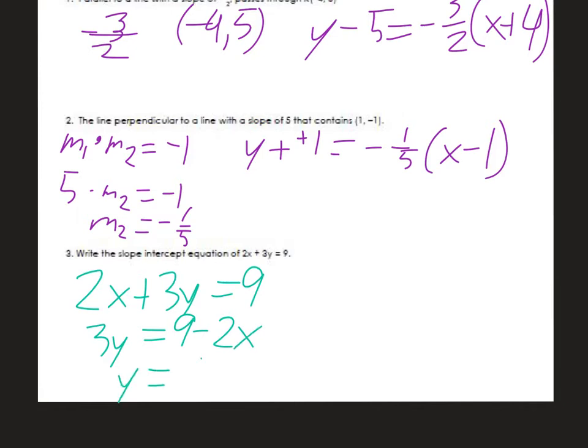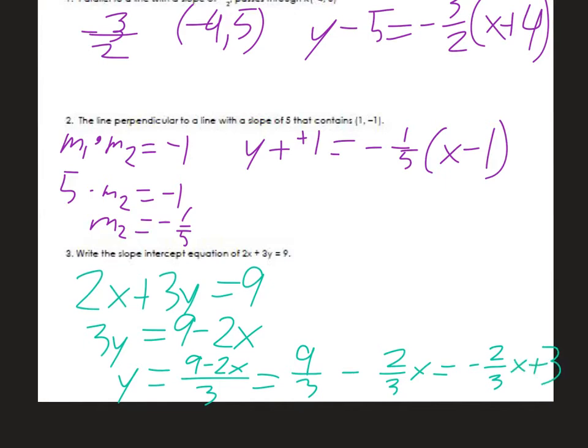Y equals 9 minus 2x over 3, which we can then simplify down to 9/3 minus 2/3x, which can be rewritten as -2/3 x plus 3.